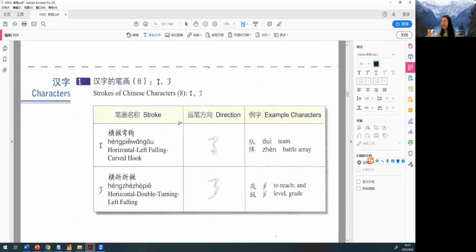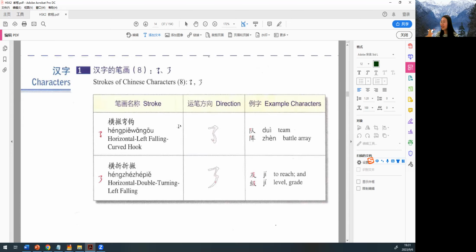And characters, this 横撇弯钩, it always means that we write it in one time. So let me use the pencil on the screen to see if I can draw. All right, so this one will be like this.